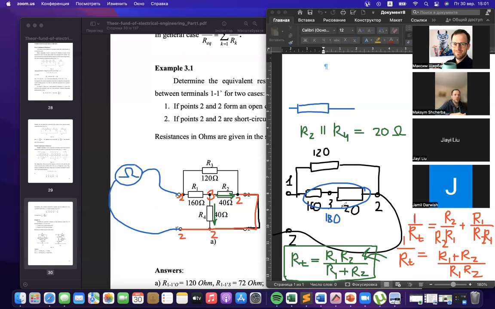And if you have 120 and 180, you should take the multiplication of them and divide by the adding, which is 300.